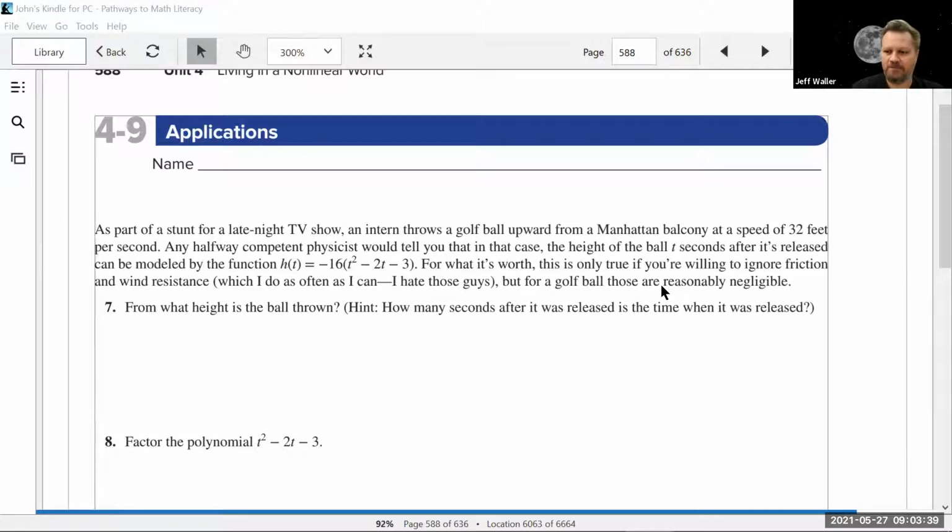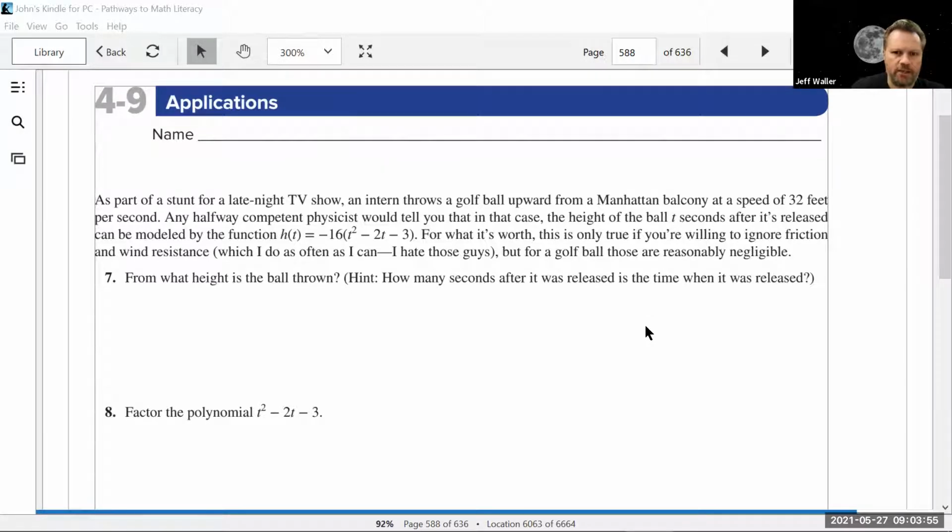0 seconds. Yeah. And for number 8, is that related to number 7, factoring the polynomial? Or is that a completely different question? It's only related to number 7 in that it's still describing the motion of this golf ball. It's not directly related to the answer to number 7 in any real way.